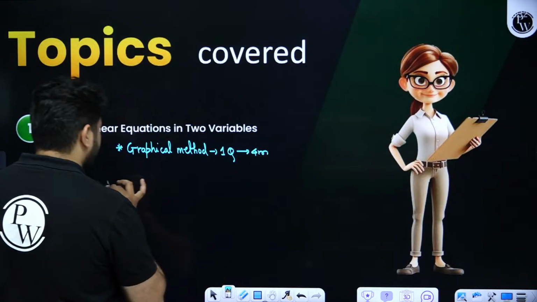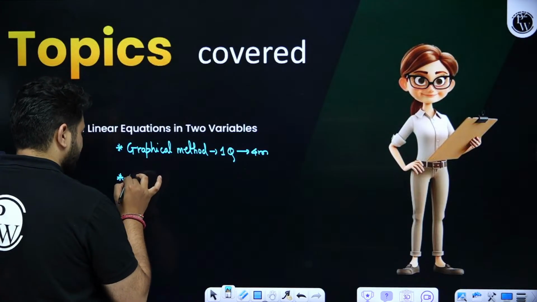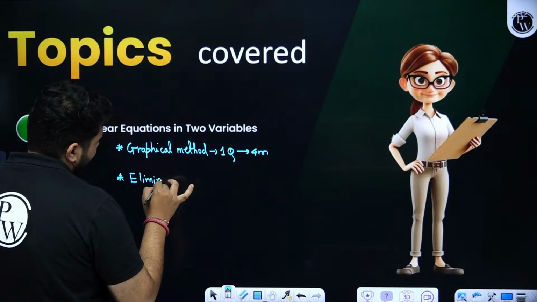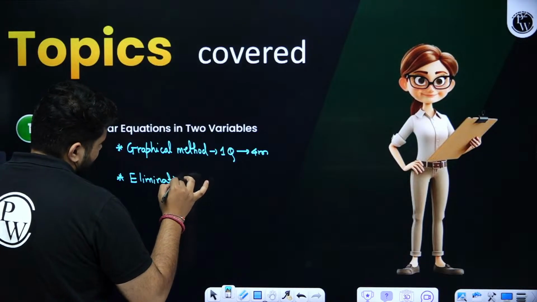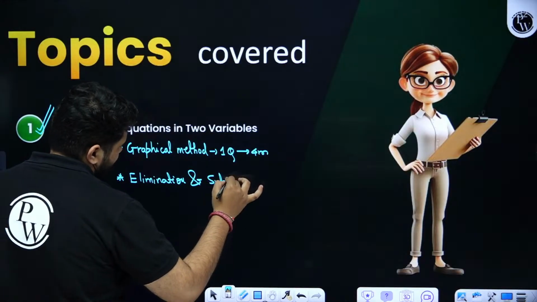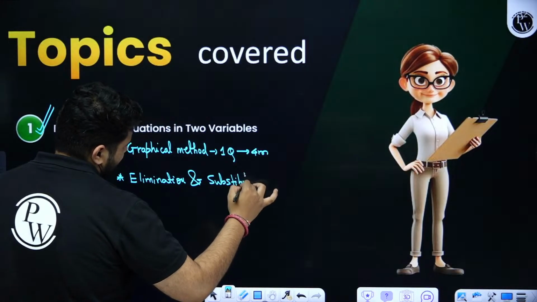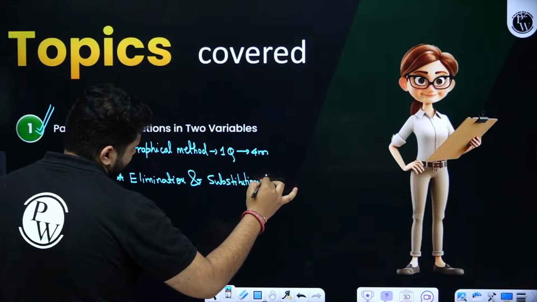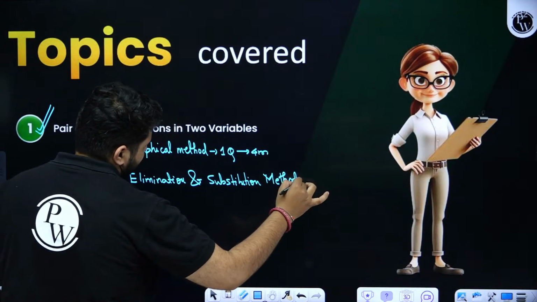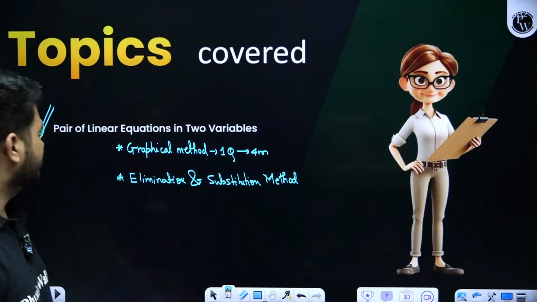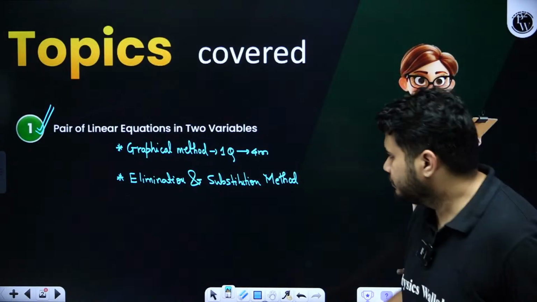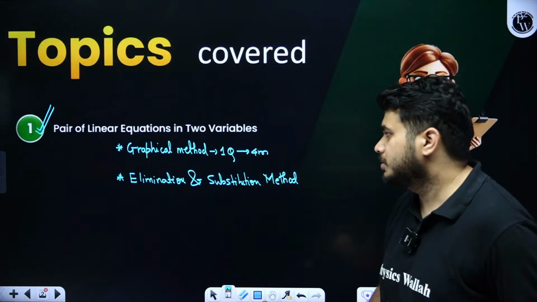And then we have elimination and substitution method. Clear? Pair of linear equations in two variables, graphical method. Along with the graphical method we will study elimination and substitution method over here.